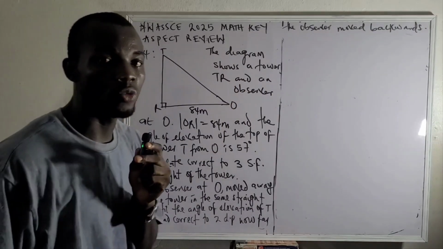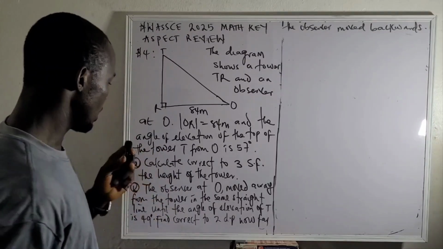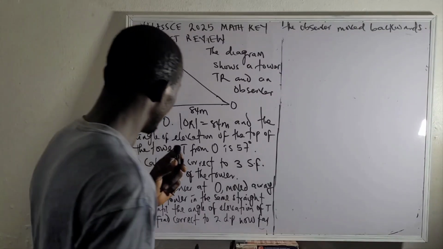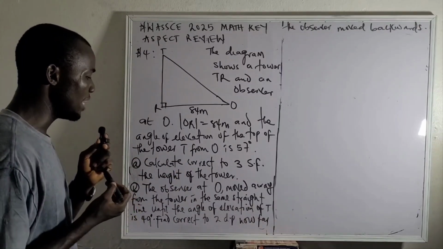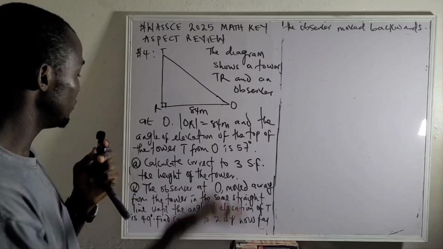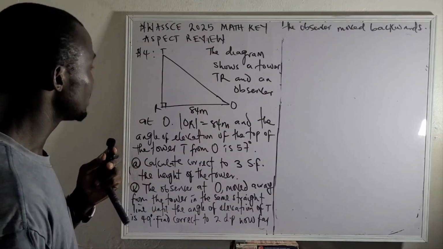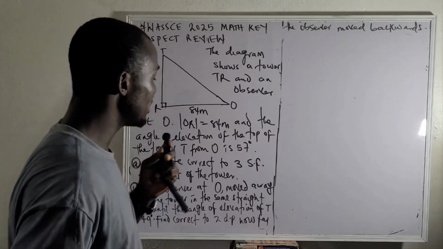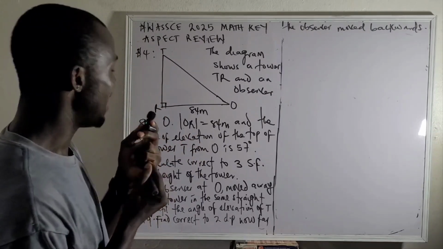A, calculate, correct to three significant figures, the height of the tower. B, the observer at O moves away from the tower in the same straight line until the angle of elevation of T is 49 degrees. Find, correct to two decimal places, how far the observer moved backwards.